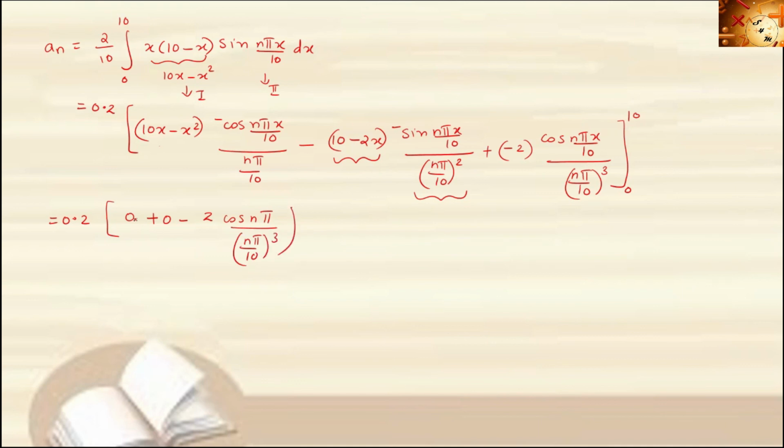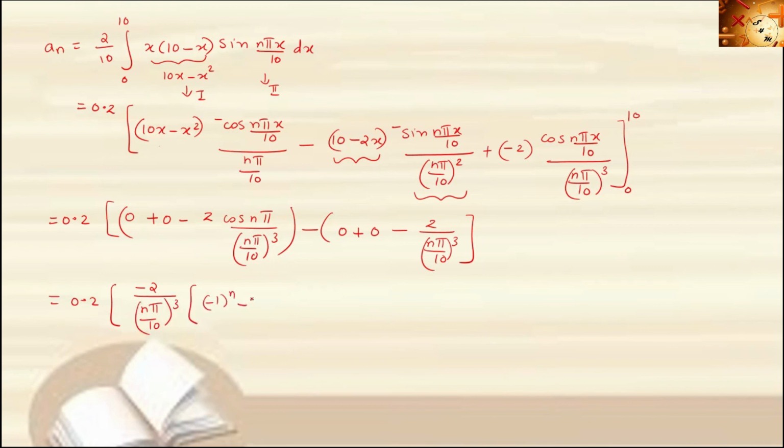This is the upper limit minus the lower limit 0, where the first term will be 0, and again minus 2 divided by n pi by 10 the whole cube. So this will be 0.2 into minus 2 divided by n pi by 10 the whole cube taken outside, times minus 1 whole power n minus 1.